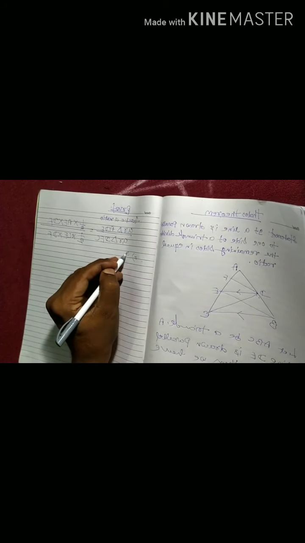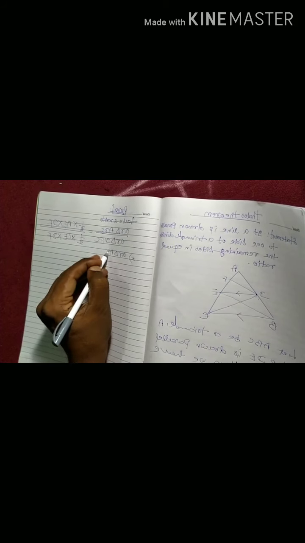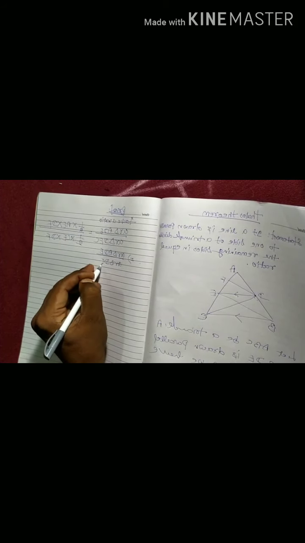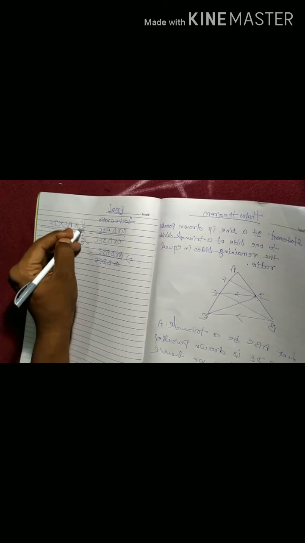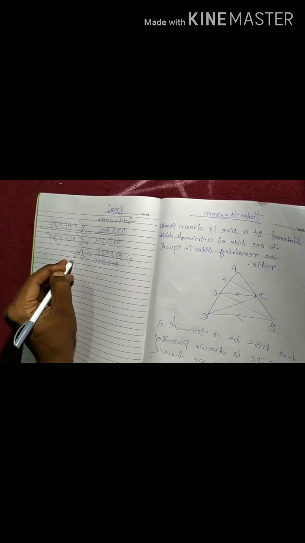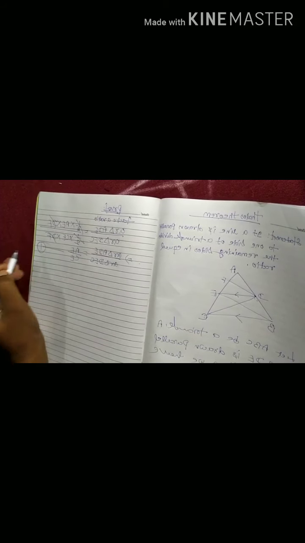That implies area of triangle ADE by area of triangle DEC is equal to AE by CE. Equation first.